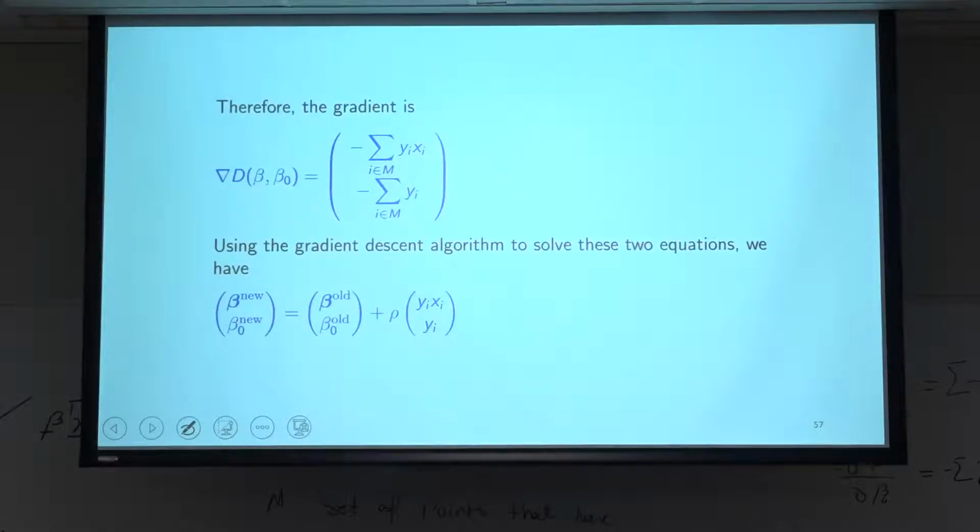For this case, since the derivative with respect to beta is this quantity, and the derivative with respect to beta null is this quantity, your algorithm has this form. Okay? You can update your beta and beta null until it converges.